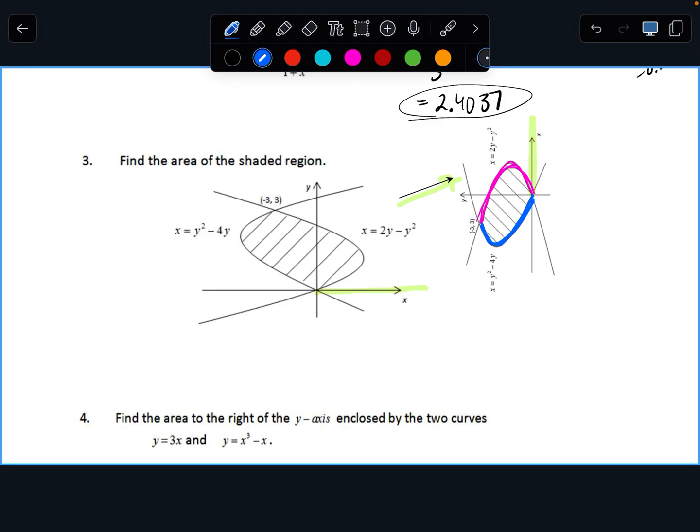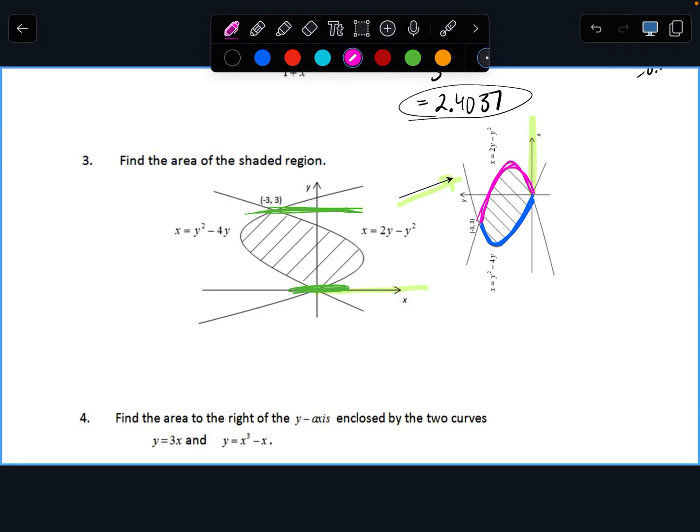So this one is going to be integrating in terms of y, because what you're integrating from is this intersection point to this intersection point. You're integrating vertically, up and down, right? So your upper bound, turn your head to see which one's going to be on top.